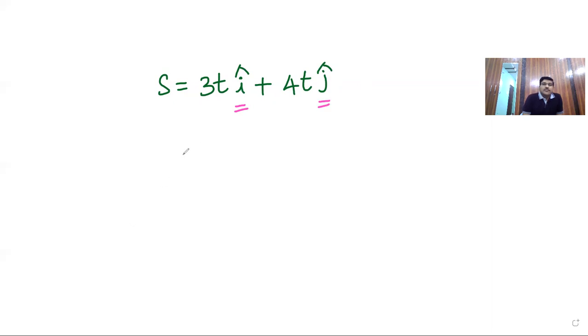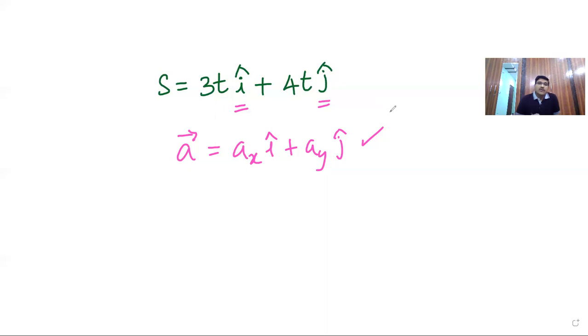That means, suppose A bar is a vector, then it is in the form Ax i cap plus Ay j cap, where Ax is the component of vector A along the x-axis, Ay is the component of vector A along the y-axis, and i cap, j cap are unit vectors along x direction and y direction.